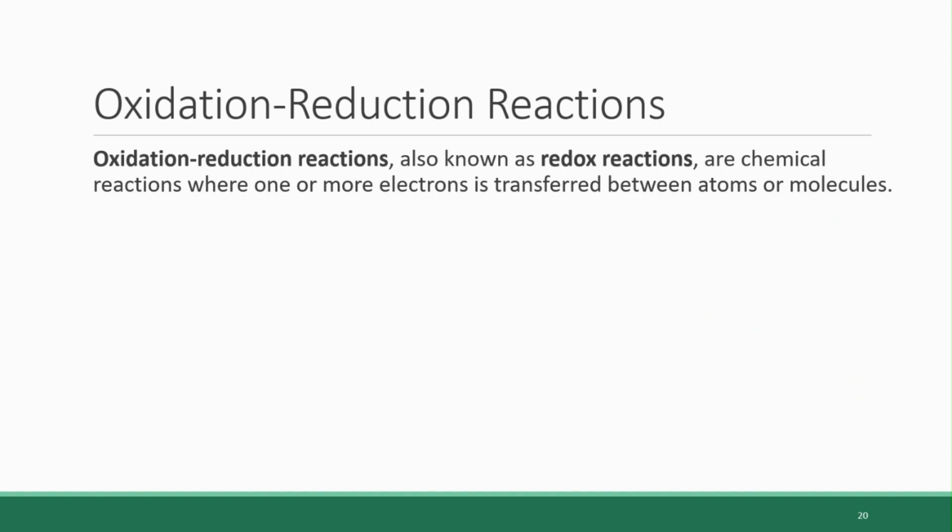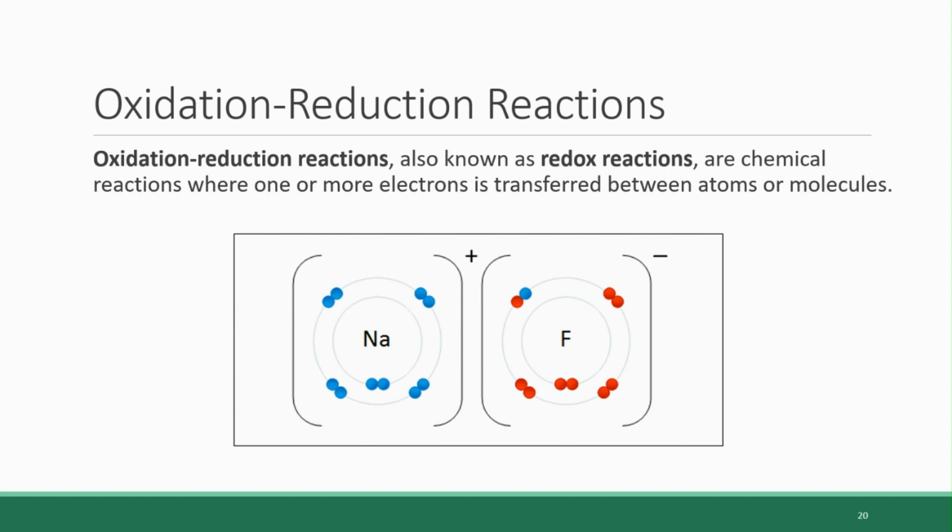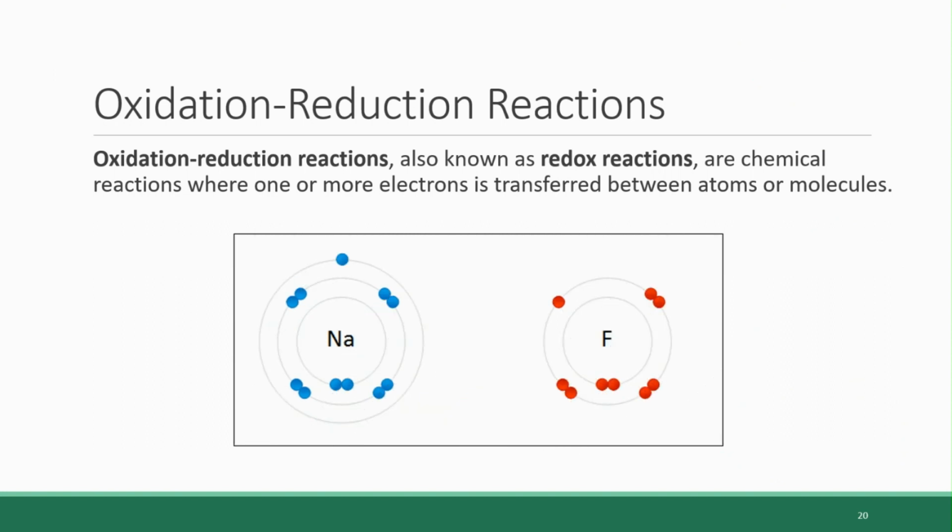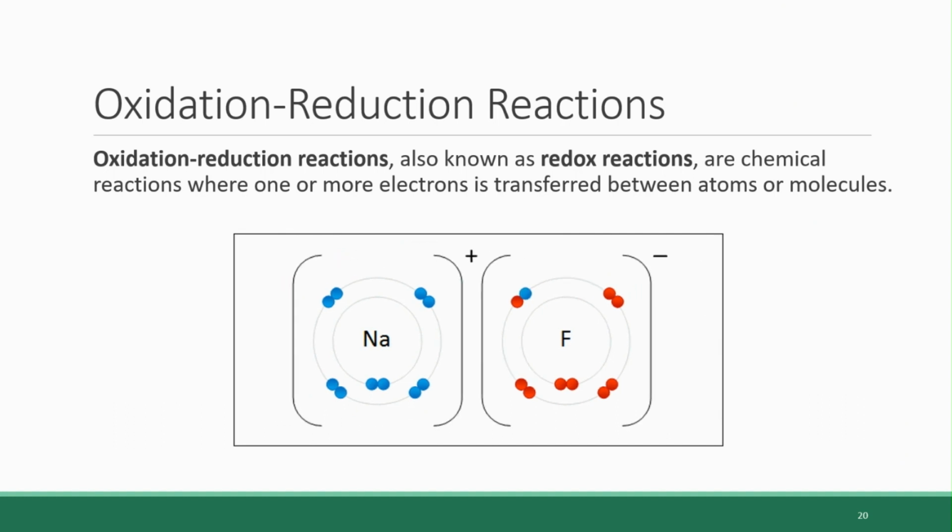Oxidation reduction reactions are a specific type of chemical reaction where one or more electrons is transferred between atoms or molecules. Oxidation reduction is kind of a mouthful to say, so they are usually abbreviated as redox reactions.